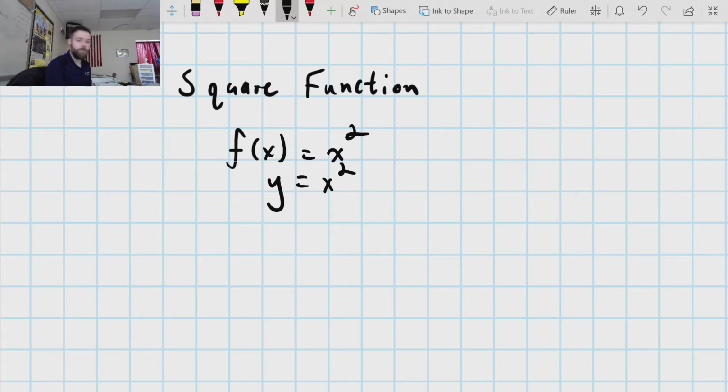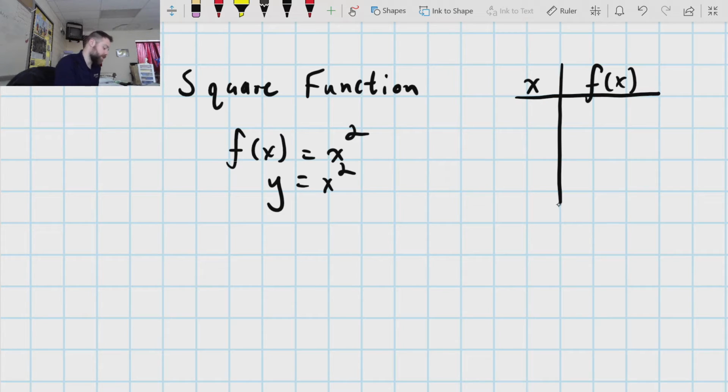So over here, I can do an input-output table. And so when I do this input-output table, I'm going to start to plug in numbers. And again, I like to start at -3 to kind of get a feel for the function.